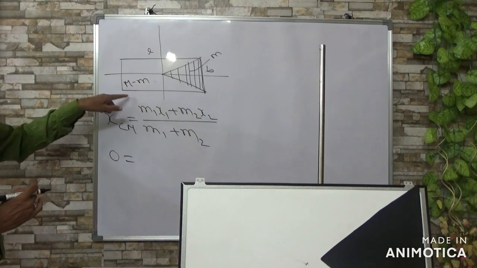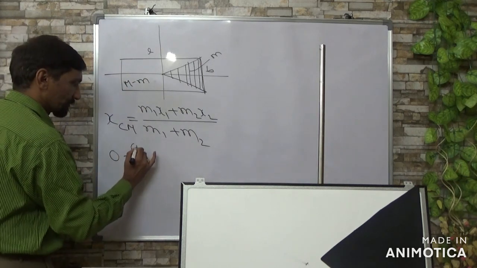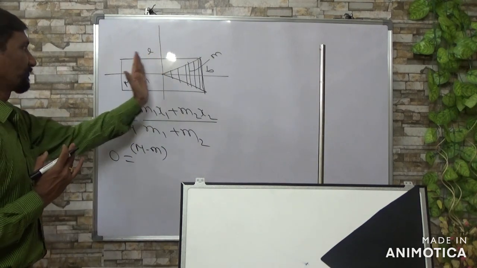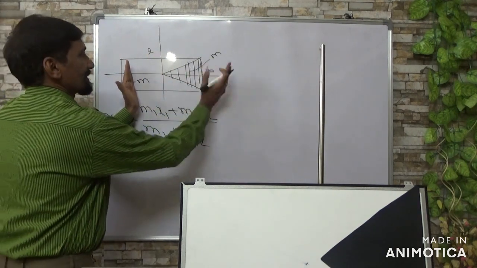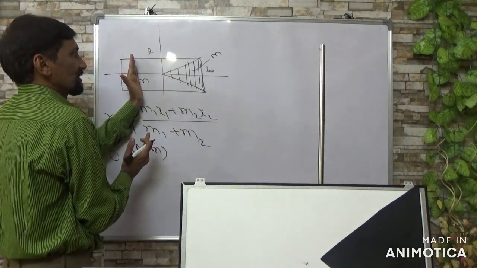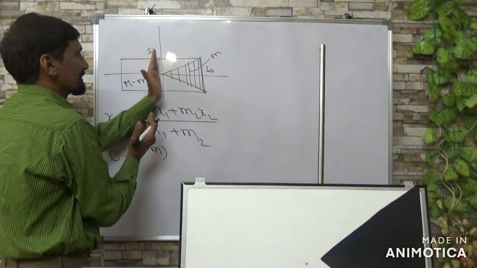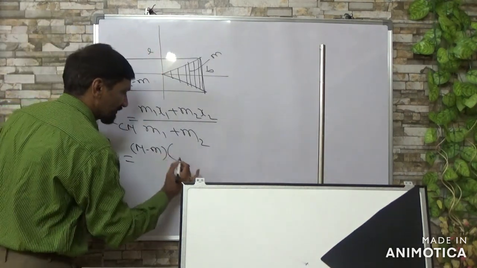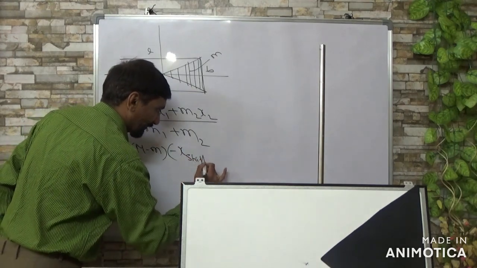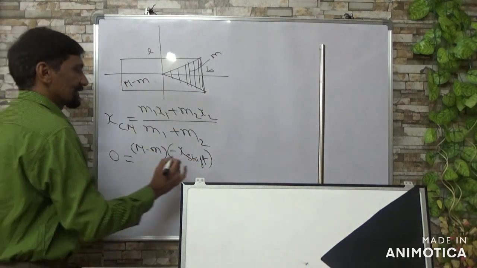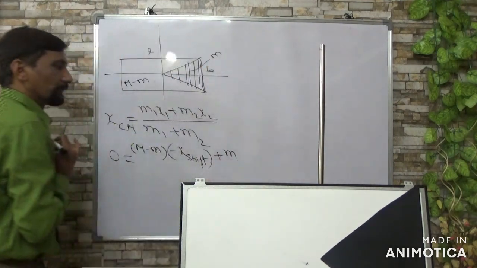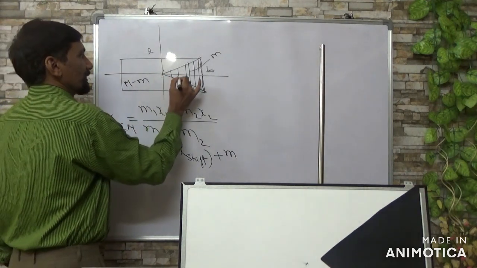First body: M minus m into distance. It is shifted towards the left side because here mass is removed. So always the center of mass will be closer to the more massive side. That is why it is shifted towards the left side. Say that is taken as minus X shift. Plus the second body, mass is m now, that is the removed one, into the corresponding distance.